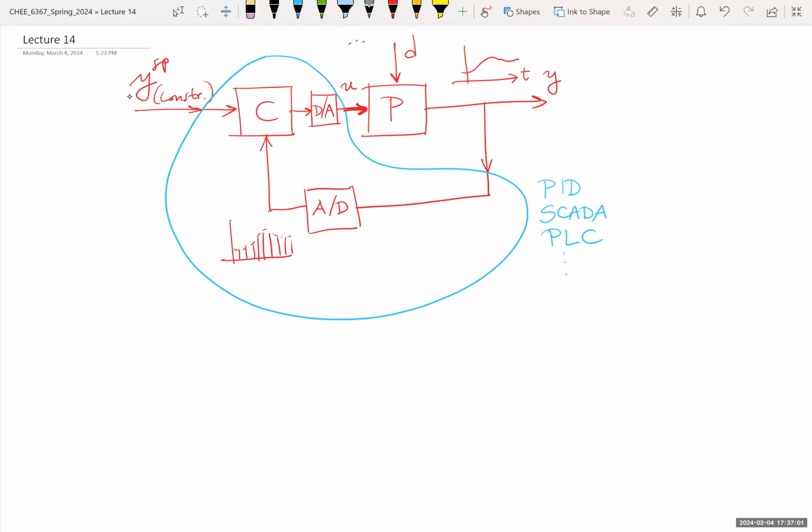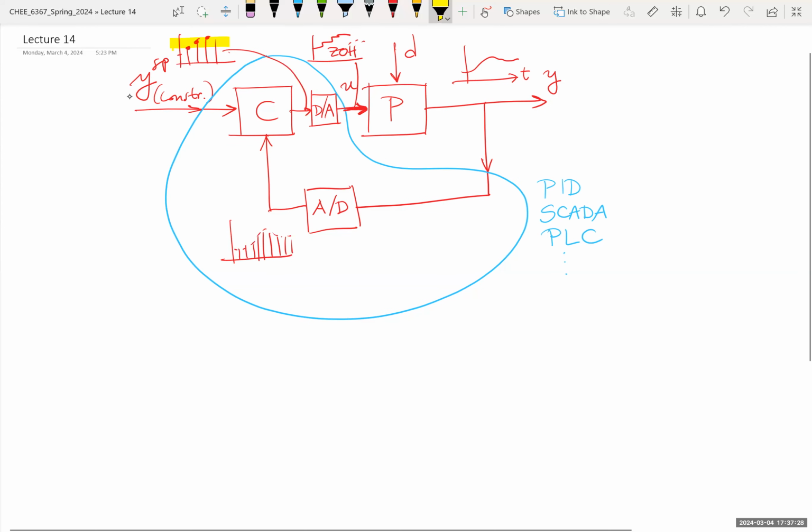Actually, let me make some space. Here it generates commands at discrete points in time, and then the input to the process is the staircase pattern, which has the zero order hold property, zeroth order actually. So it holds each value for the corresponding interval, and that's what happens here in the closed loop.